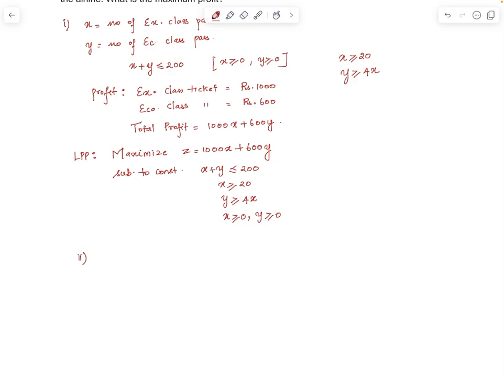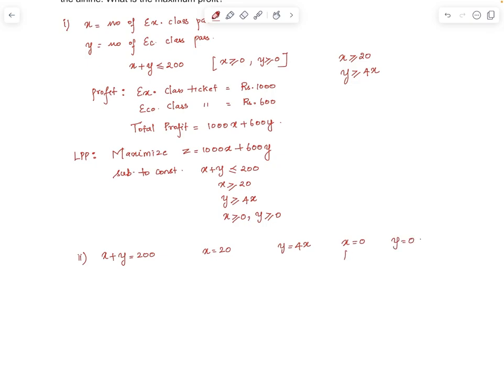The first linear inequality is x plus y less than or equal to 200. So we write it as x plus y equal to 200. The next one is x greater than or equal to 20, which can be written as x equal to 20. And the next one is y greater than or equal to 4x, which can be written as y equal to 4x. And x greater than or equal to 0 becomes x equal to 0, y greater than or equal to 0 becomes y equal to 0.